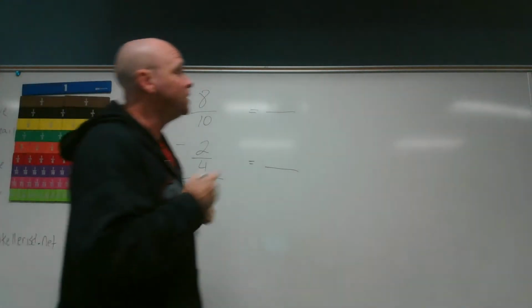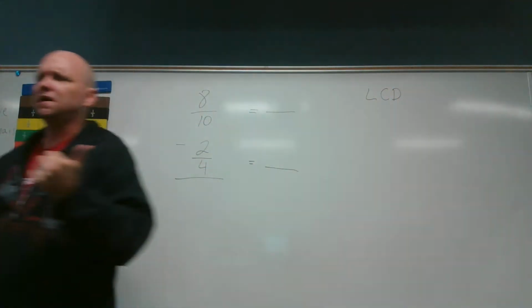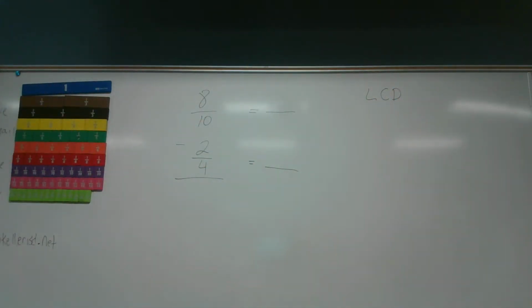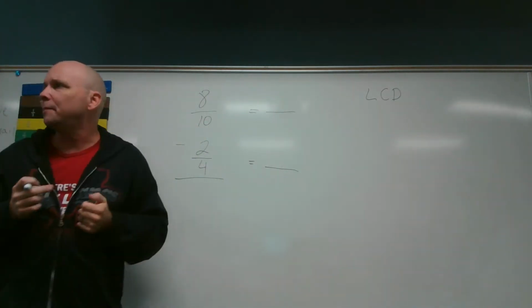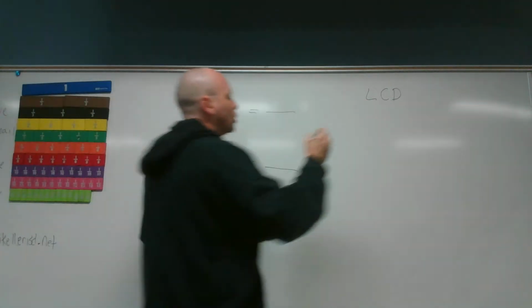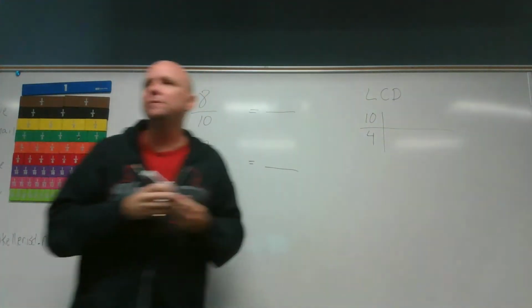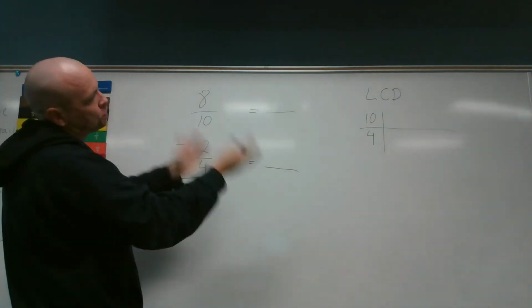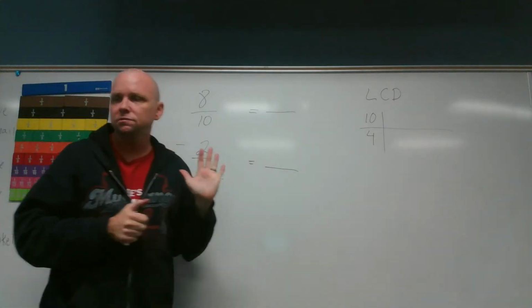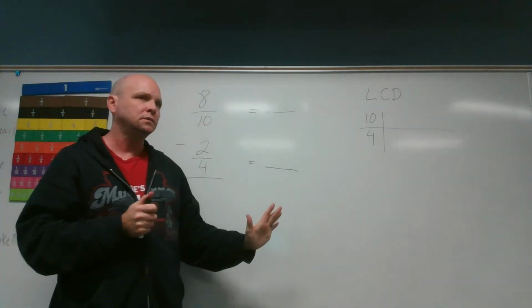We're going to find the least common denominator. And we're checking because I want everybody to see the steps. All right, so we're taking our denominators of 10 and 4, and we're basically making a multiplication chart for those two numbers, which on the test you can look at your multiplication chart.